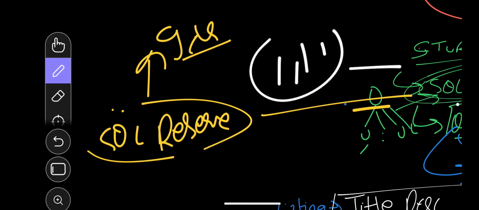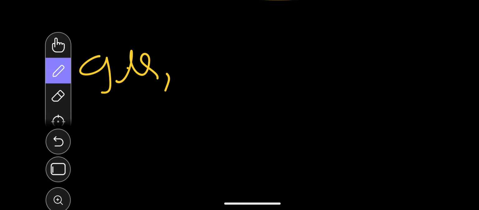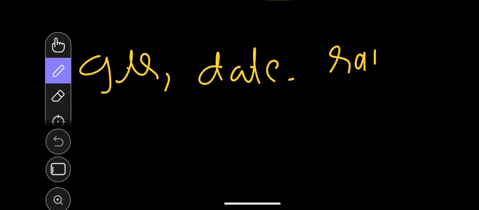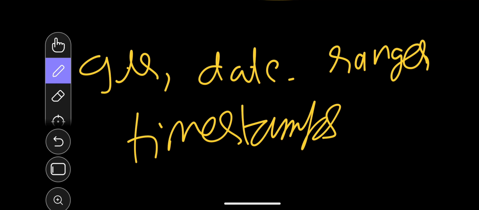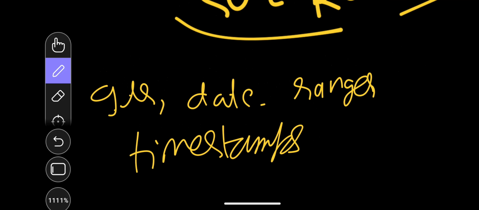So let's write what we are going to store here, right? We are going to have the IDs. We will have date ranges, and then we will have timestamps for when their reservation expires, right?